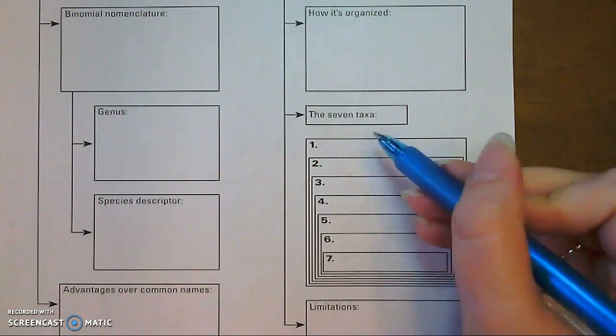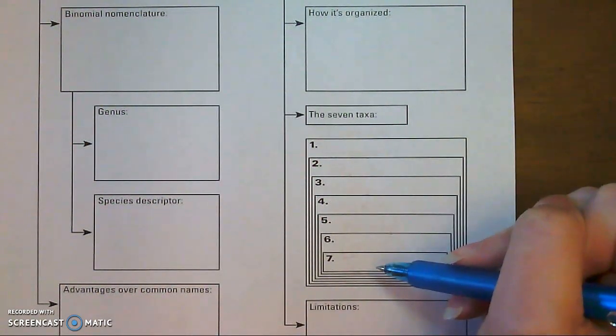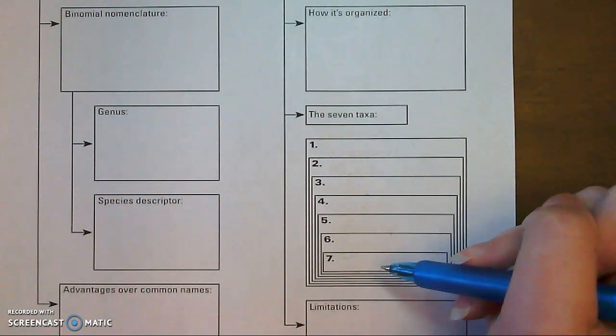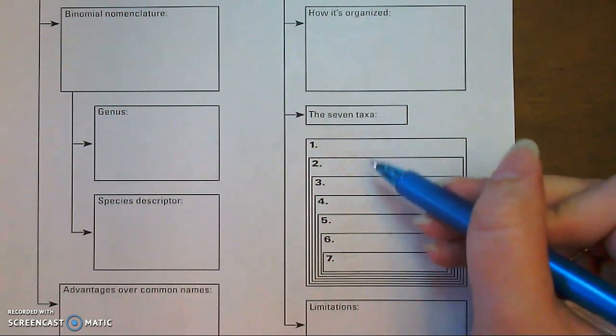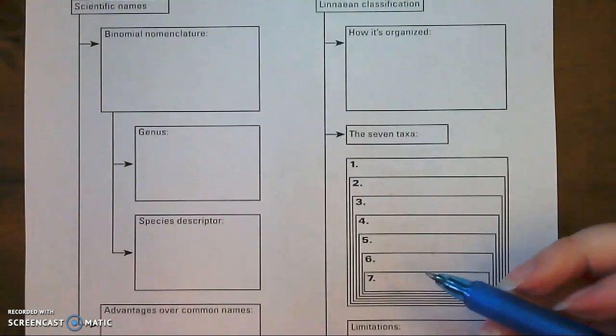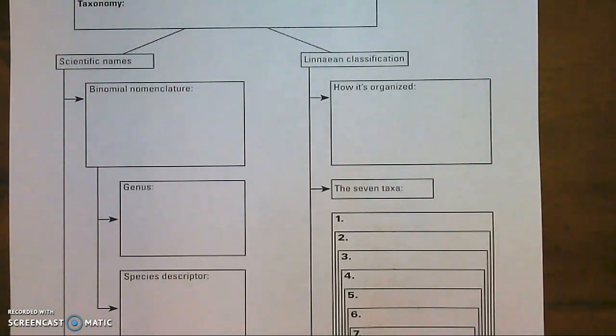Each level from 1 through 7 would represent a single taxon. And sometimes it's more helpful to use the generic term taxon rather than trying to pick a specific level in here. So we'll talk about that more in just a moment.